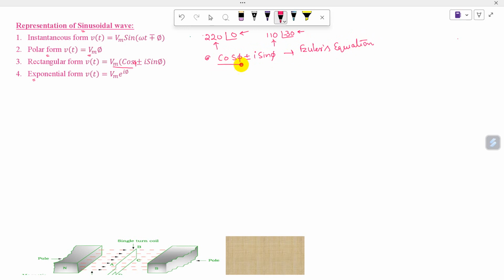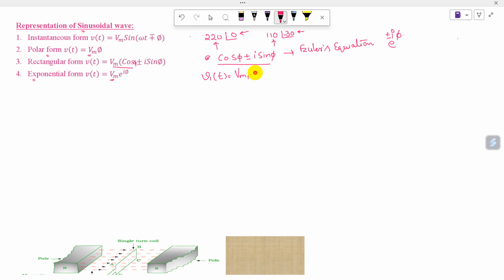I can write this as exponential, e power plus or minus I phi. So this Vm is Vm and this cos and sin terms I can write as e power I phi.